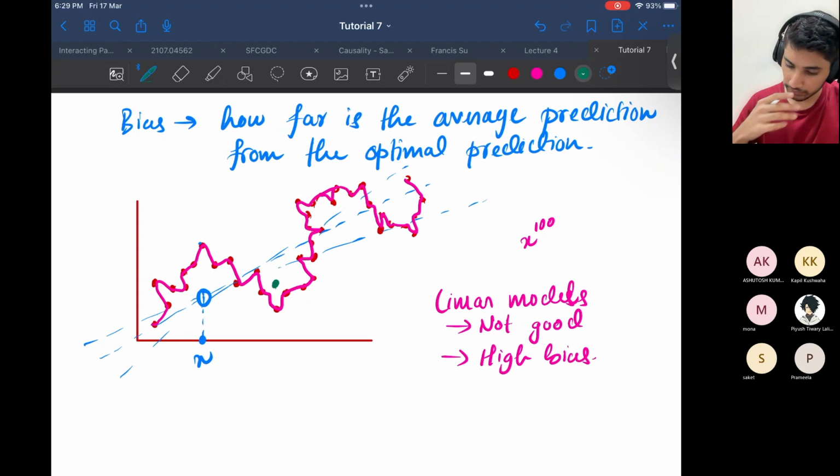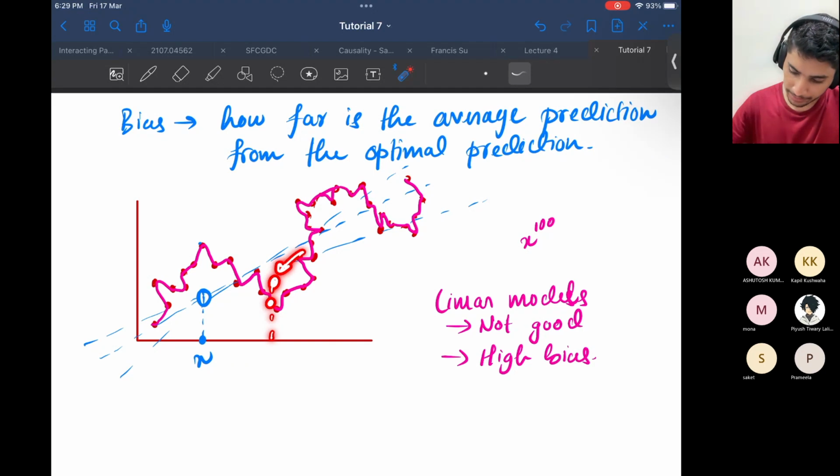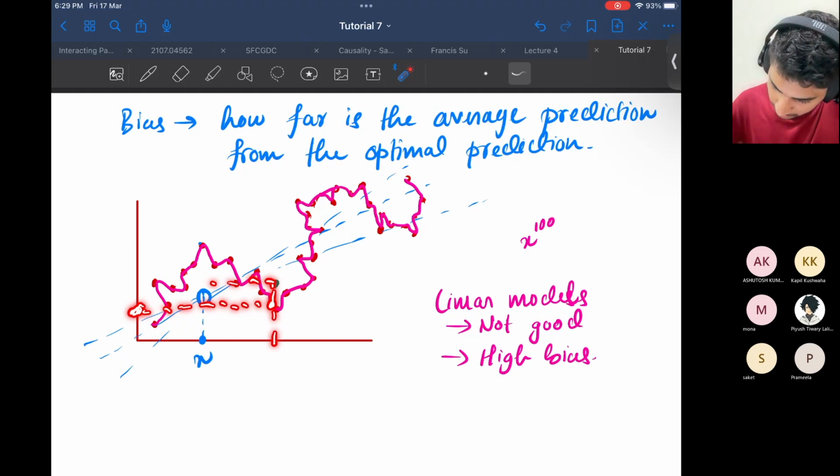For this particular x, your model predicts something like this. However, you can see that the actual value was something like here.